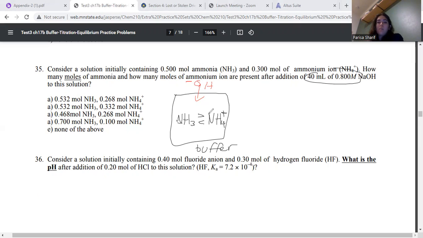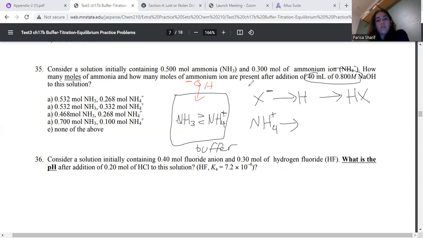Now that's the other question. Since this is a base, it's different than acids. In acids, we have some type of conjugate anion take the hydrogen, and once it does that, it becomes HX. Now in bases, it's a little bit like the other way around. You have to know that it will react with the thing that is the acid.